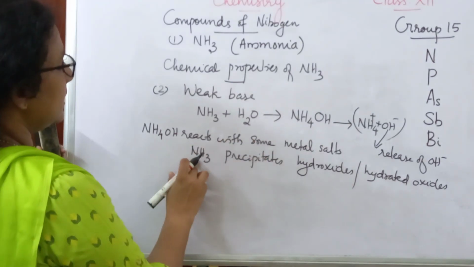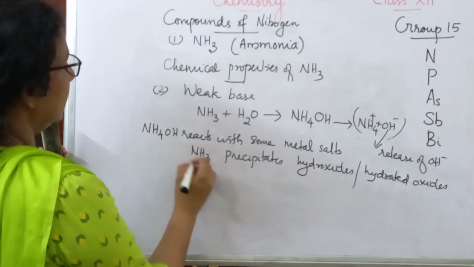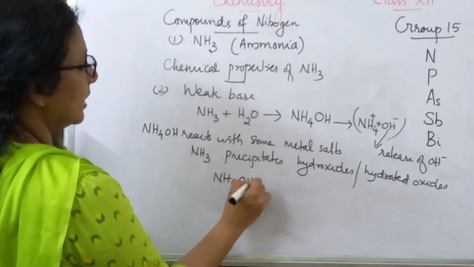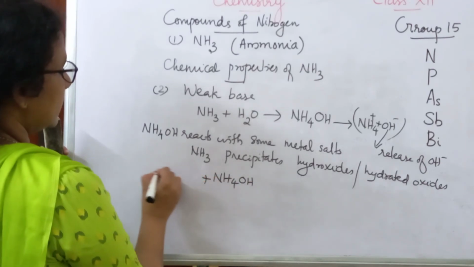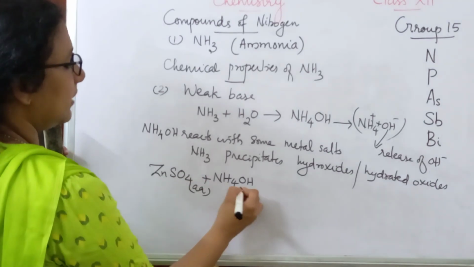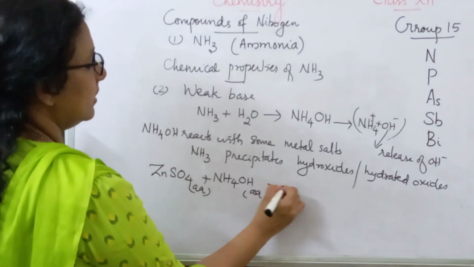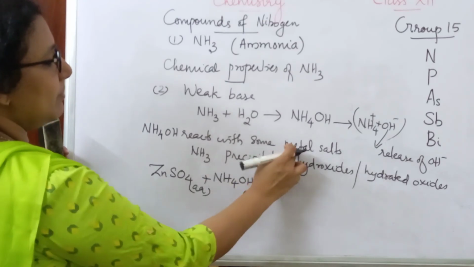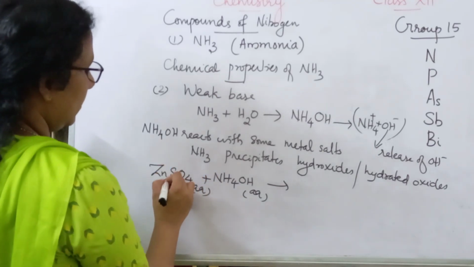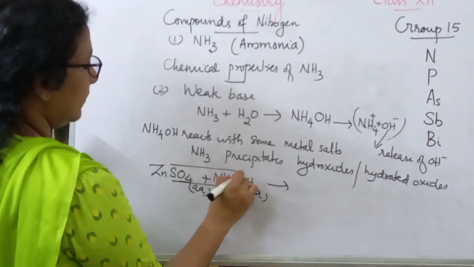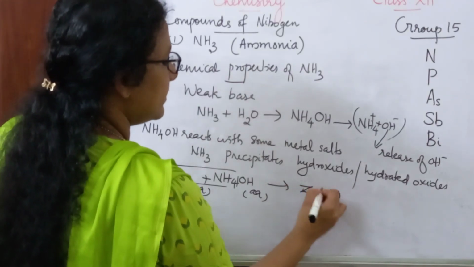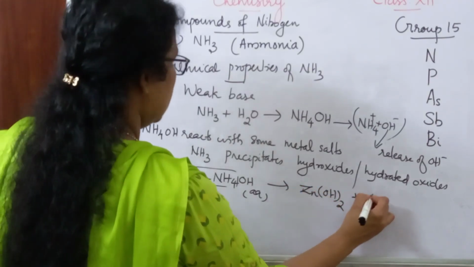That means if we are using ammonia in the form of aqueous solution, that is NH4OH itself, we can write NH4OH. If it is zinc sulfate, this is a metal salt solution. So zinc sulfate aqueous with NH4OH aqueous forms zinc hydroxide, Zn(OH)2, a white precipitate, and ammonium sulfate, (NH4)2SO4, will be the byproduct.